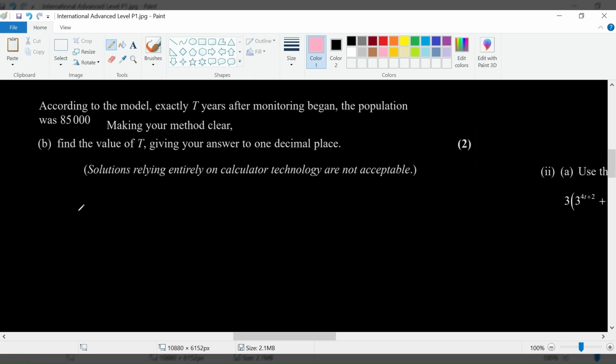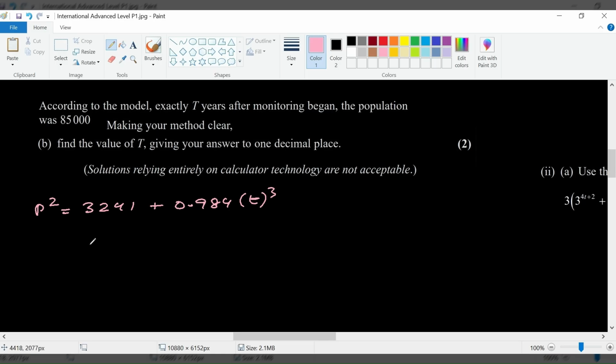We know very well that P squared is equal to 3241 plus 0.984 T cubed. So we need to make T the subject.